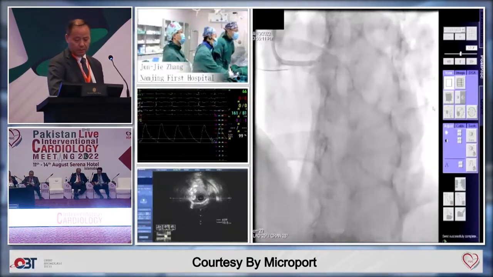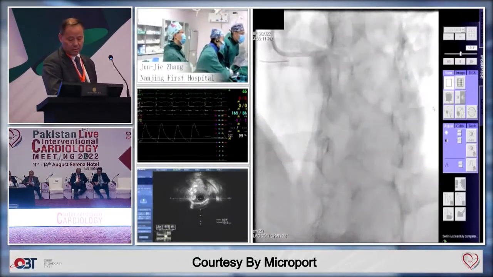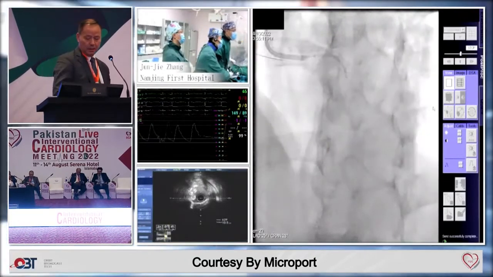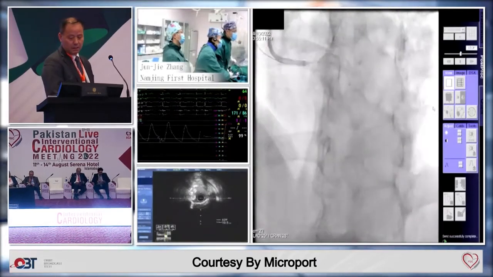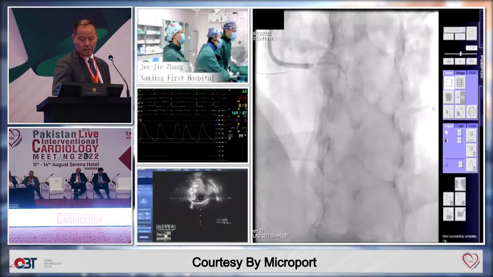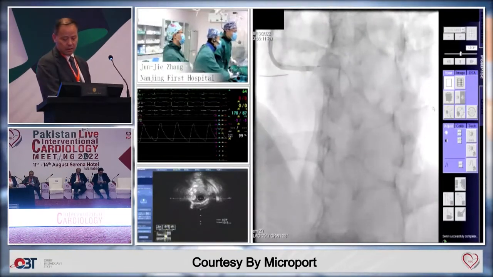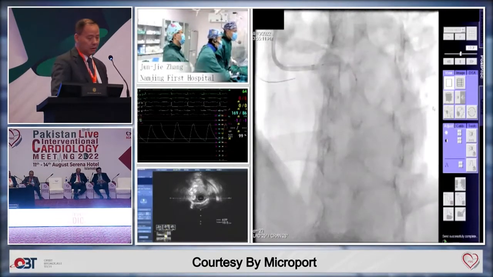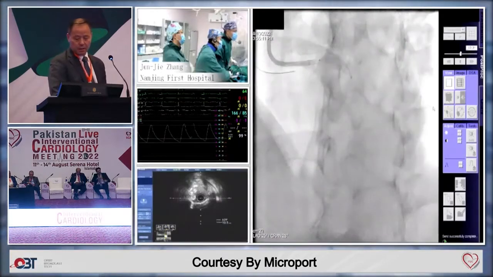For this case, I will fully cover the ostial left main to avoid geographic miss. And also, just as Prof mentioned, at this time I will be very cautious to avoid the guiding catheter causing stent distortion.